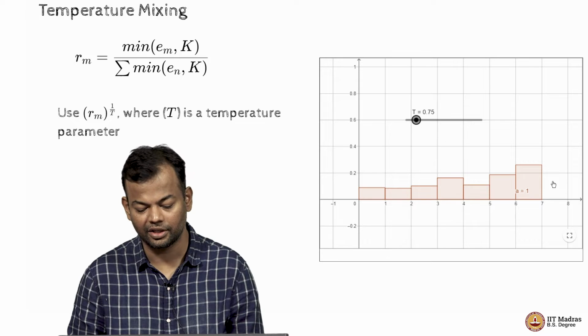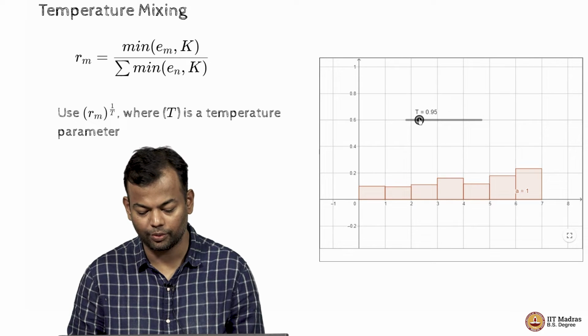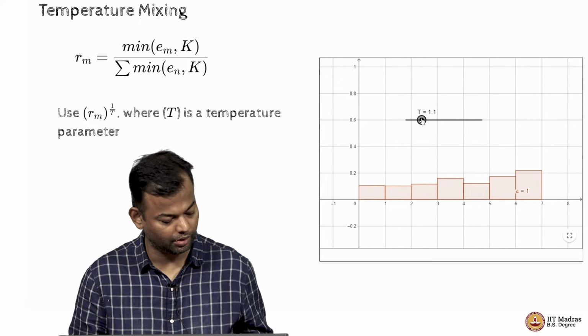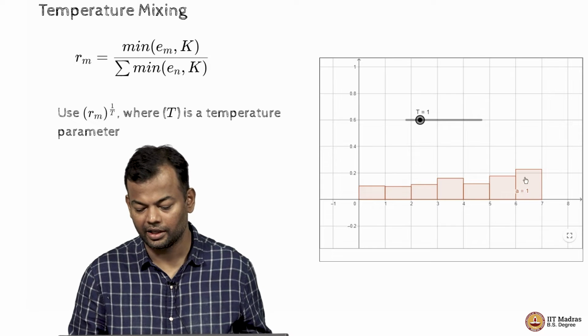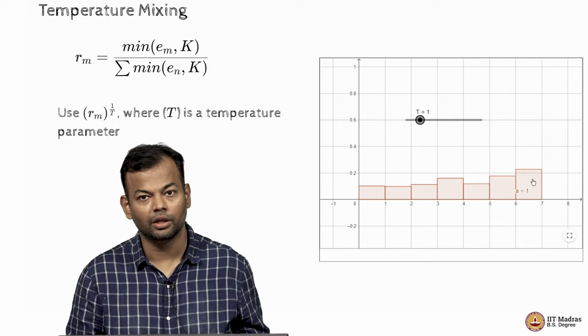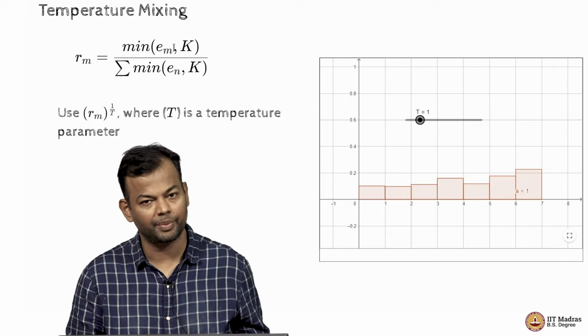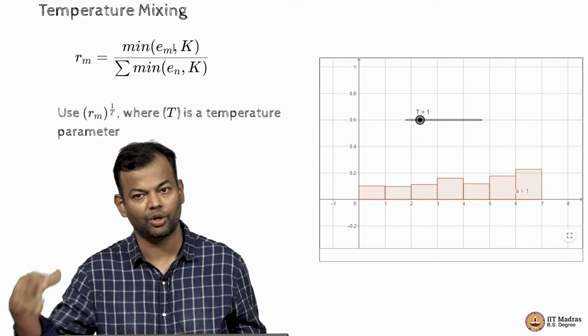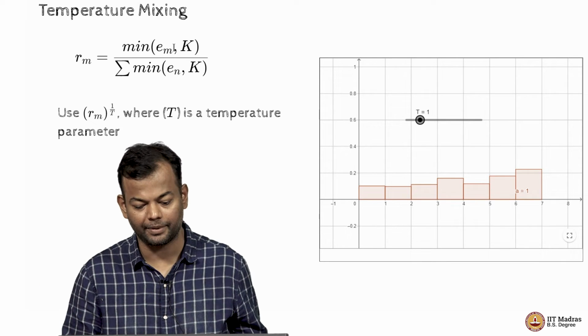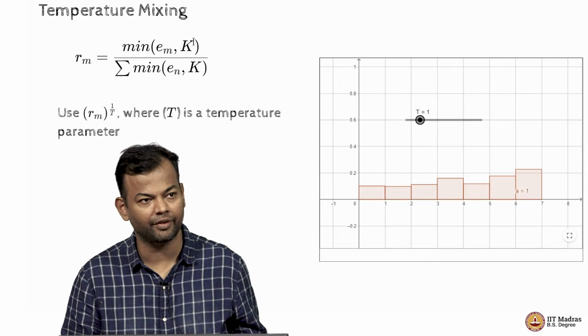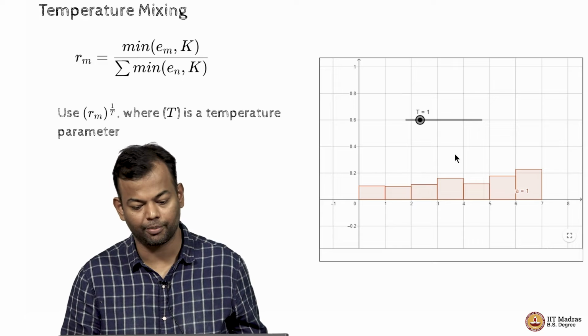So this last task, which was already at temperature equal to 1, which is the default or vanilla setting, was already having a lot of samples, right? The probability of seeing a sample from this task was high because that task had a large number of samples in the training data. So the numerator would be high for that task, and hence it was a higher probability.